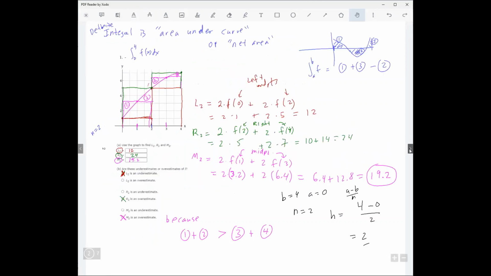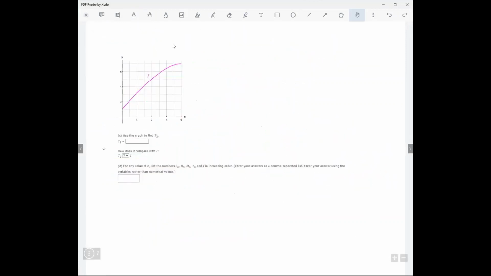Okay, let's do an example, and that's part C here. So this is called T2. It means use the trapezoid rule with 2 intervals. Those are the 3 points that we're looking at. First of all, h would be, I'll do the formula out.